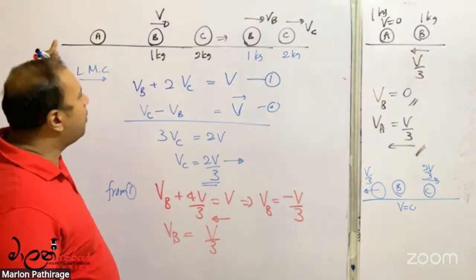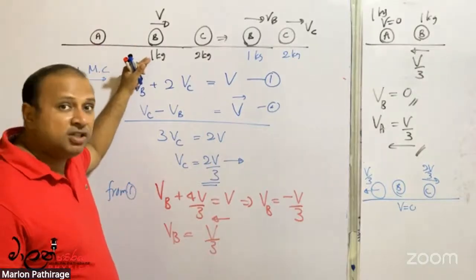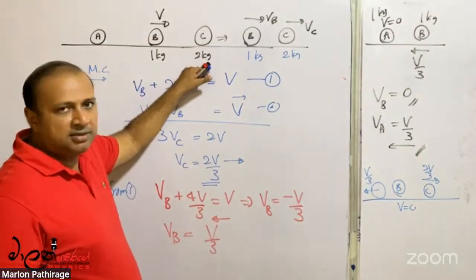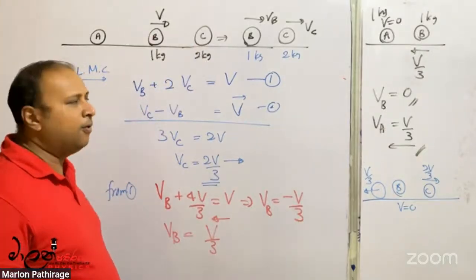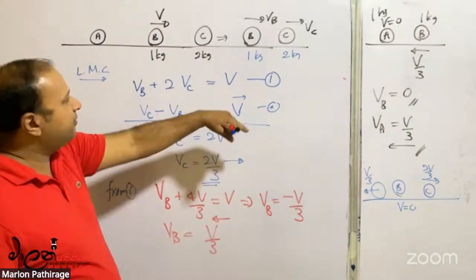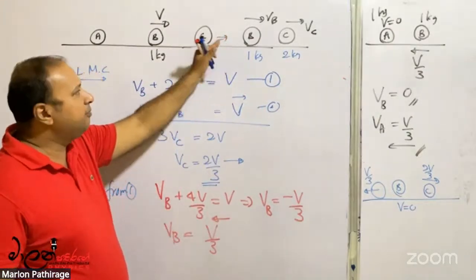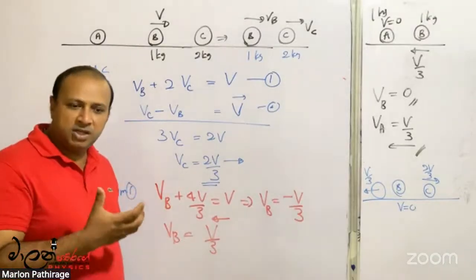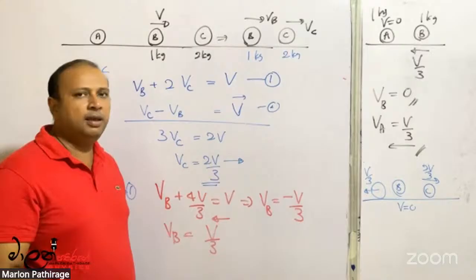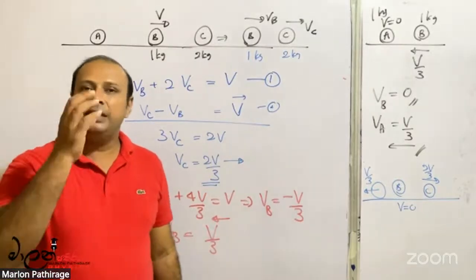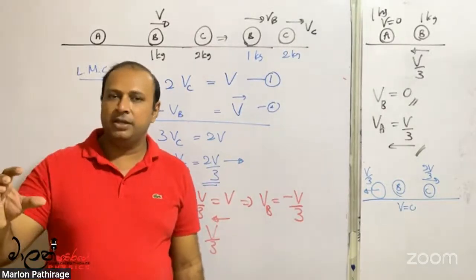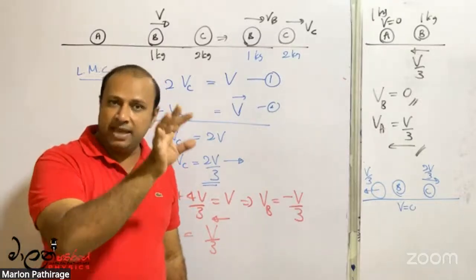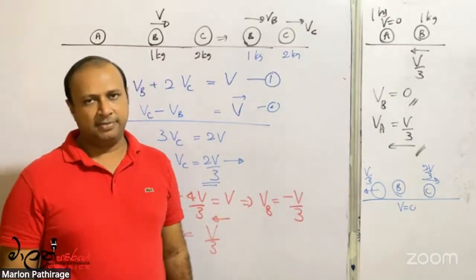Initially A collides with stationary B. Then B collides with stationary C. Therefore, after this condition, again B moves to the other side and collides with stationary object A. Therefore, in every collision, one object collides with another object which is in a stationary condition.